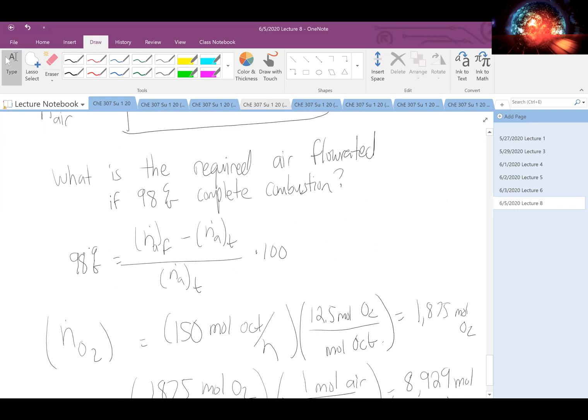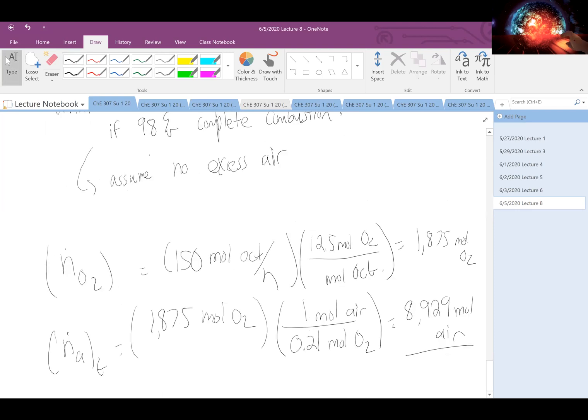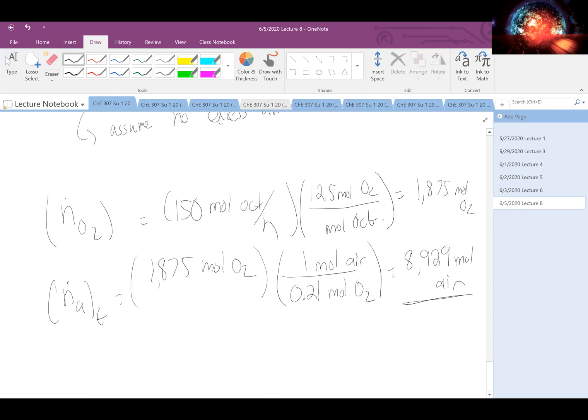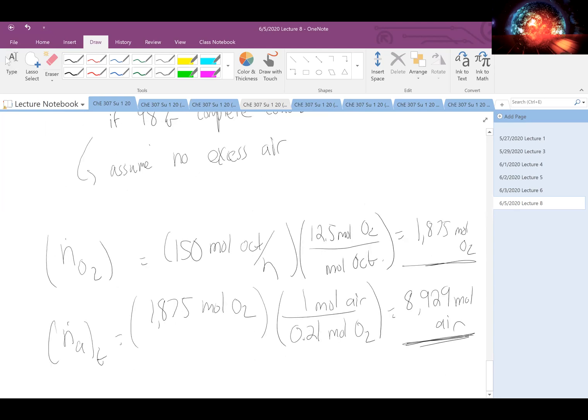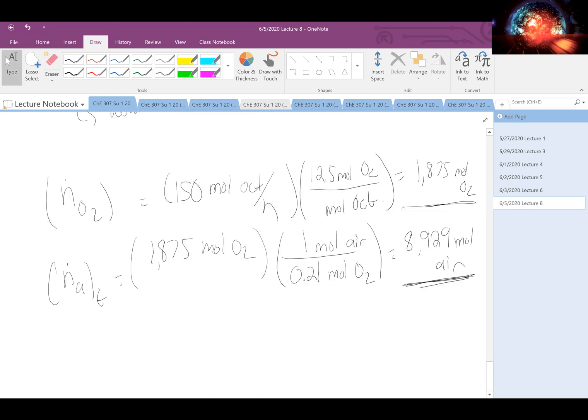Oh, and this isn't excess. This is just 98%. So how much air is needed? That's what's being asked. So this would probably assume no excess air. So we would just be looking at the theoretical, which is just this 8,929 moles of air and the 1,875 moles of O2. Probably wouldn't be super realistic, but that would tell you probably the minimum needed.